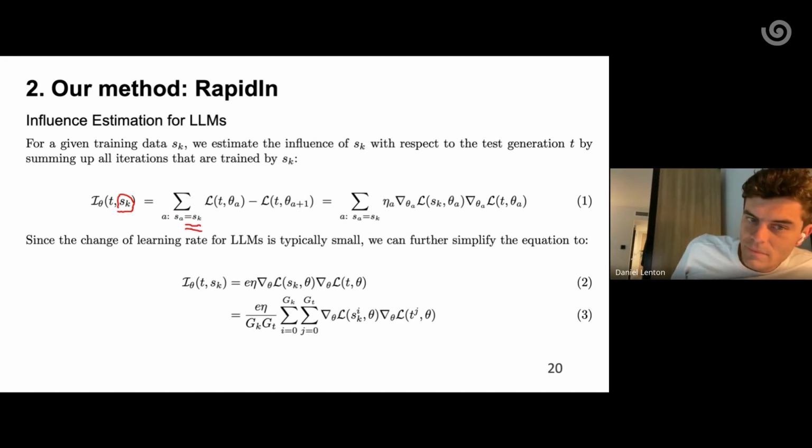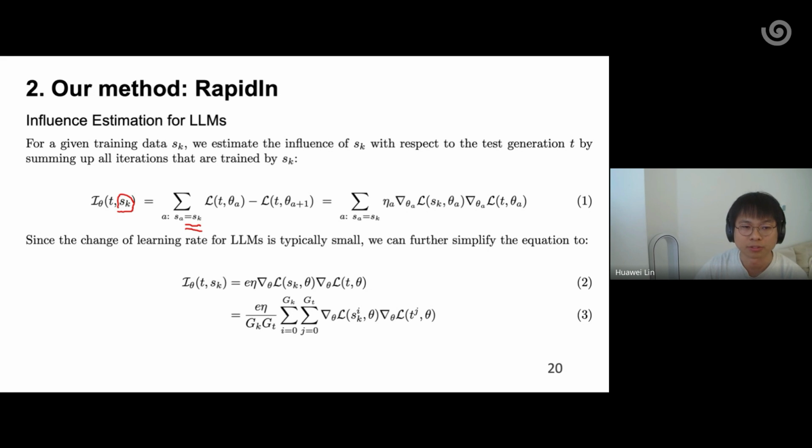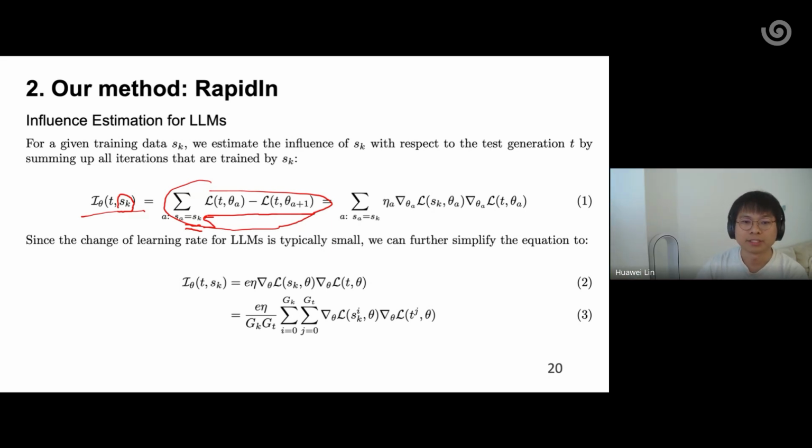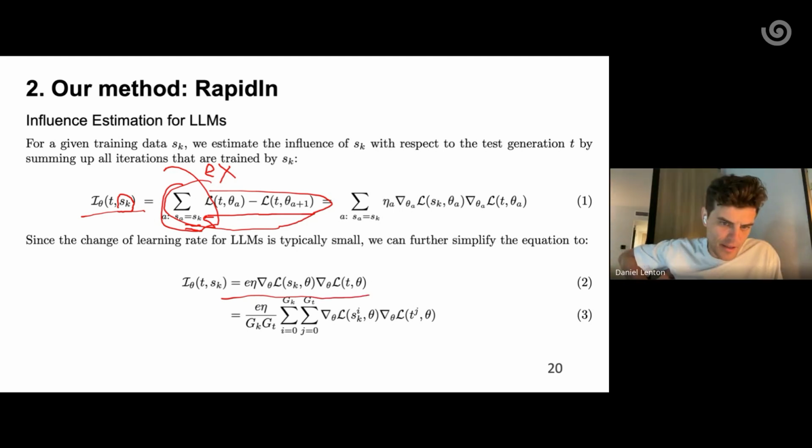If we use 5 epochs, we will train SK 5 times, so we have to sum up these 5 log differences to get the influence. But because the difference is very small, we can ignore this sum and multiply the latter term by the number of epochs. So we get equation 2. Okay, got it.